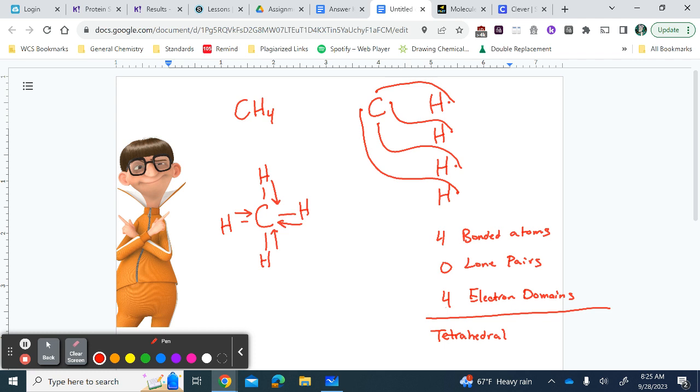If they're all being pulled evenly, we have a nonpolar chemical bond. You'll find most of the time that your tetrahedral molecules are going to exhibit the character traits of a nonpolar bond.